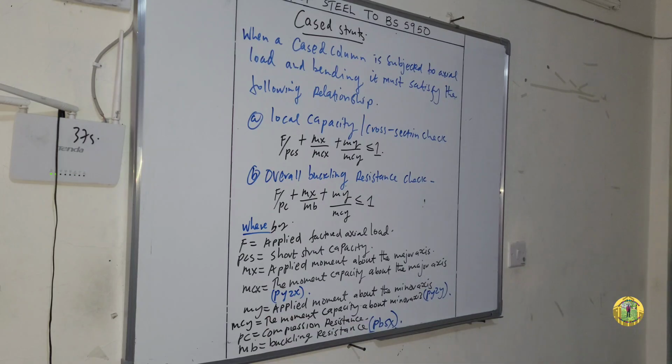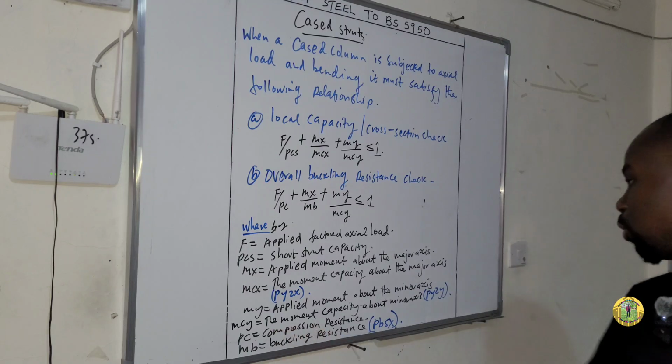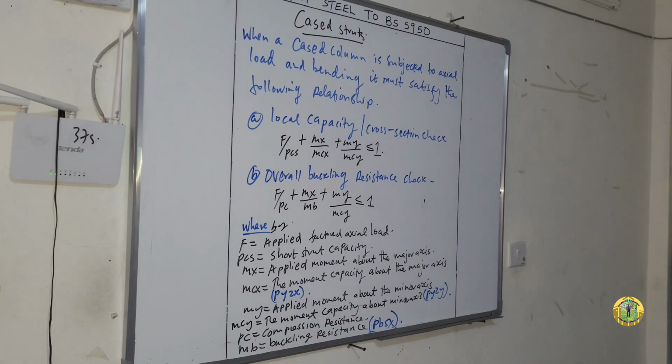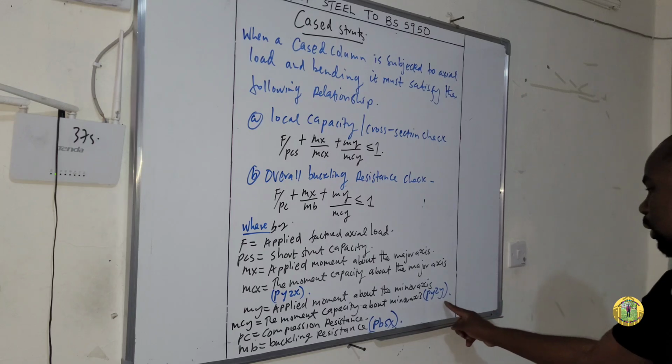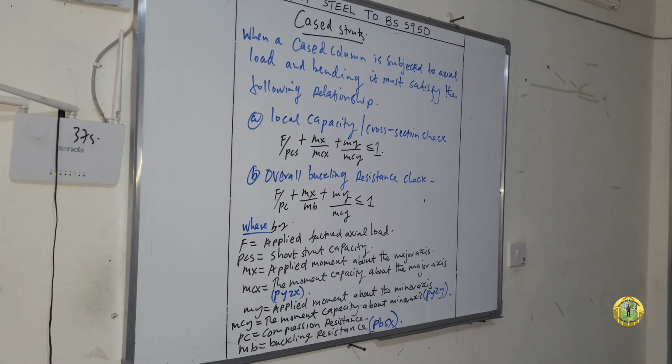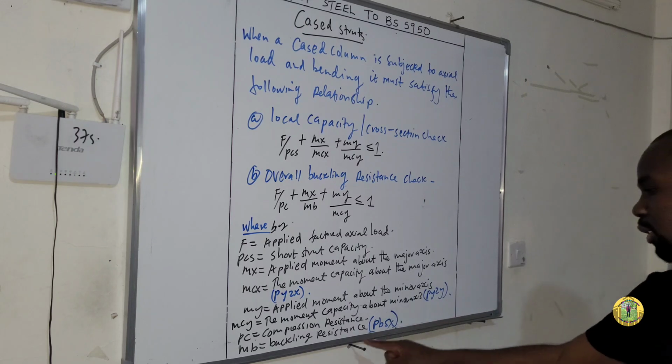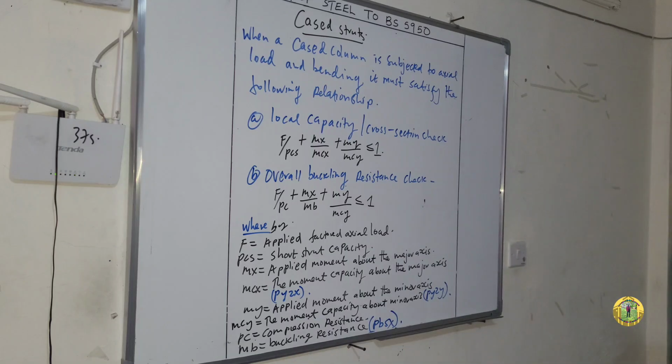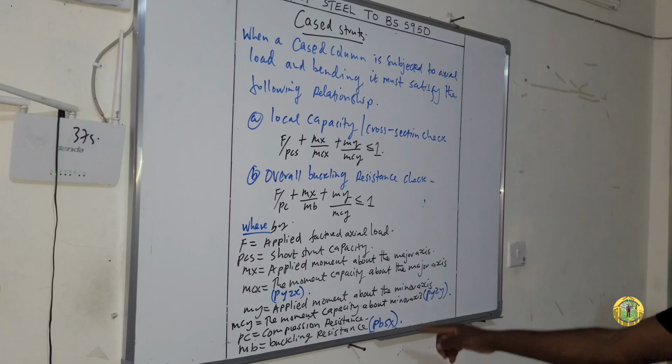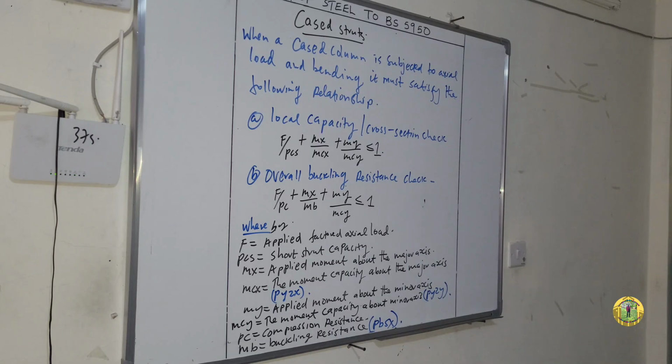Then MY, applied moment about the minor axis. MCY is the moment capacity about the minor axis and is given by PY times ZY. And then PC is the compression resistance. MB is the buckling resistance, which is given by PB times SX. SX is the plastic modulus.